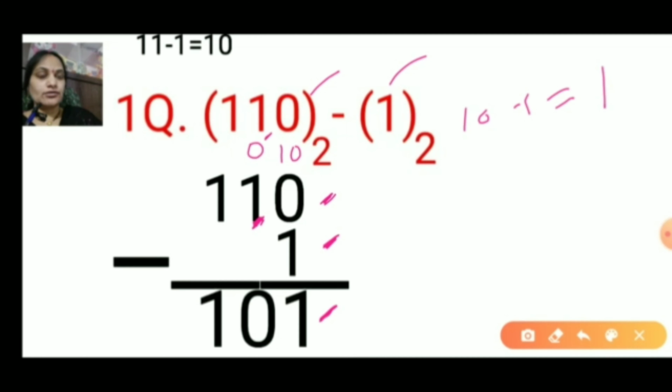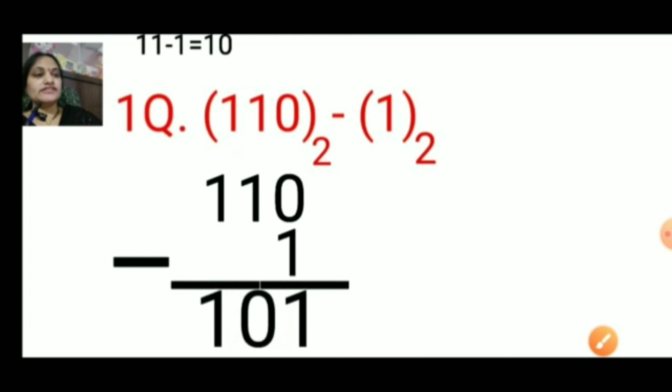This 0 goes here. Again this 1 comes here. That is why we got the answer 101. This is the process behind the subtraction process.